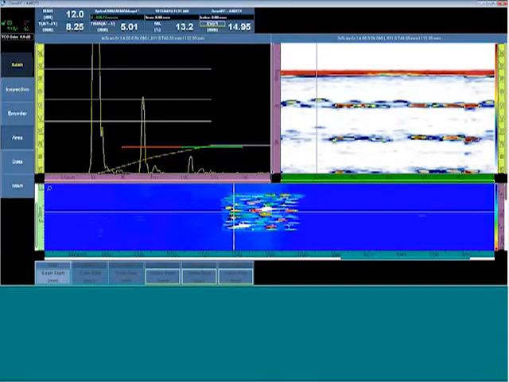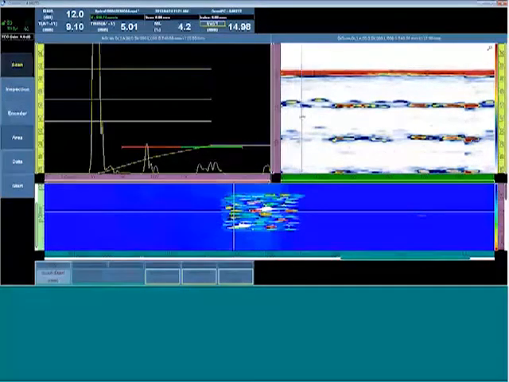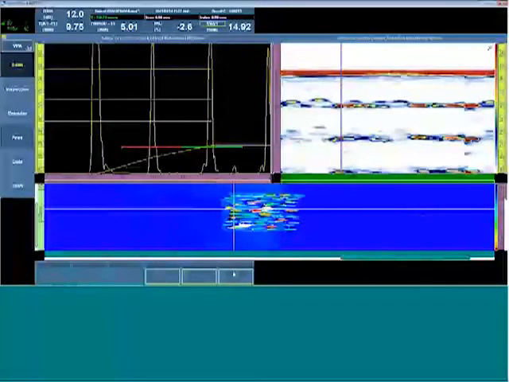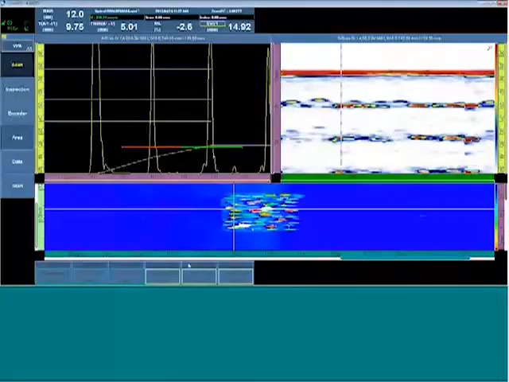So the total number of focal laws that we're using and the inspection resolution and total size of the C-scan allows the software to determine exactly how many data points will be needed to fill it and ensure that the maximum file saving capacity isn't exceeded or allowed to be configured in a way that would exceed it, the 300 megabyte limitation.